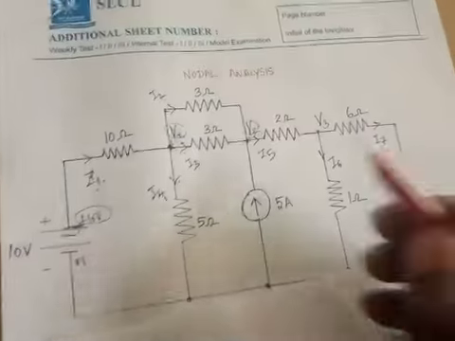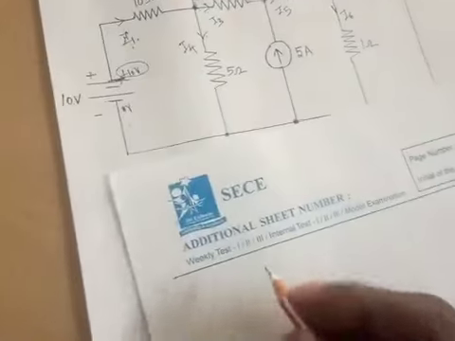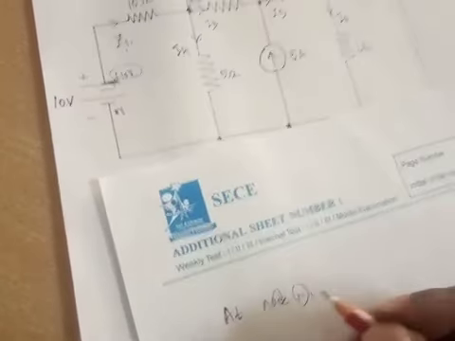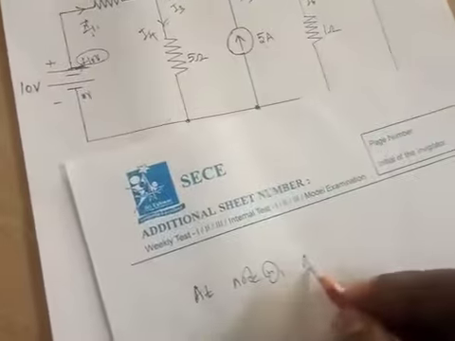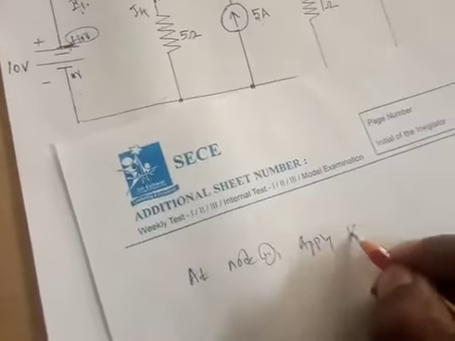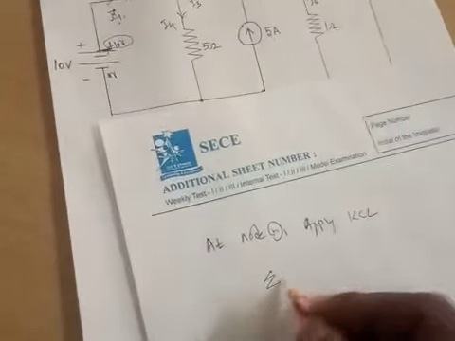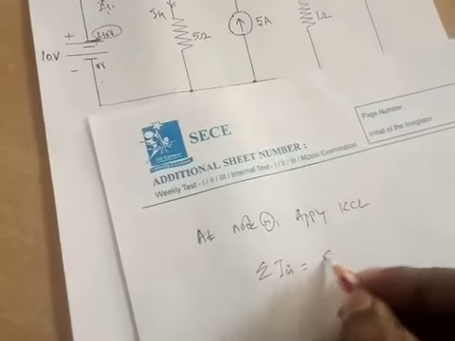Let us write the KCL for node 2. At node 2, apply KCL. So what is KCL? Sum of incoming current equal to sum of outgoing current.